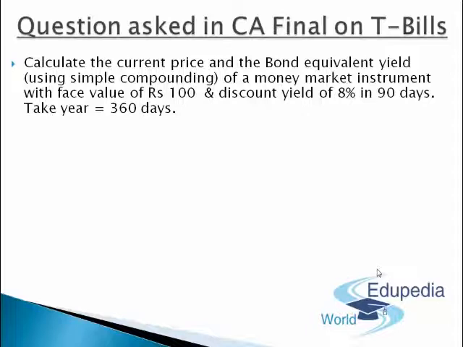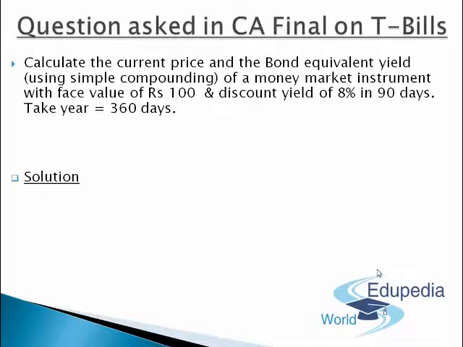It has been already mentioned to us that we need to take the year as 360 days, because remember, guys, we've already discussed this in my last presentation. For bond equivalent yield, usually we take a year as 365 days. However, since in this particular question it has already been told to us that we'll have to take the year as 360 days, we'll be taking it as 360 days.